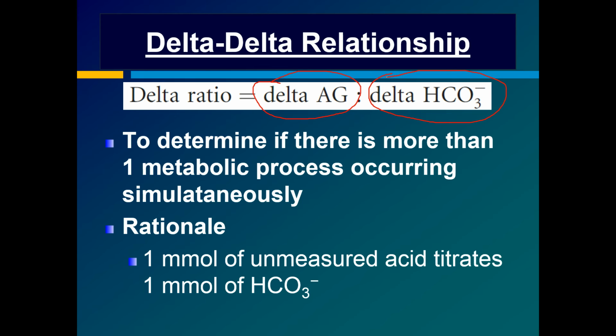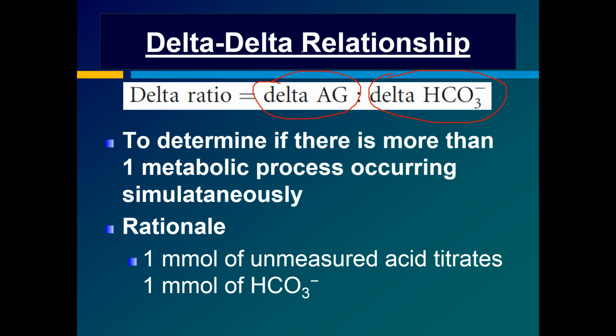And kind of the rationale here is that if you have 1 millimole of unmeasured acid, that's going to titrate 1 millimole of bicarbonate. So in effect, as your anion gap increases by 2, 4, 6, 8, your serum bicarbonate should decrease by approximately that same proportion of value.